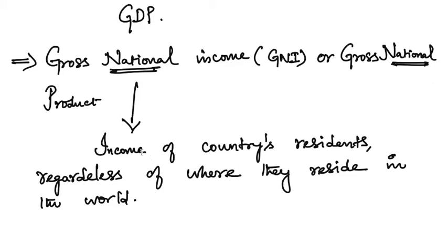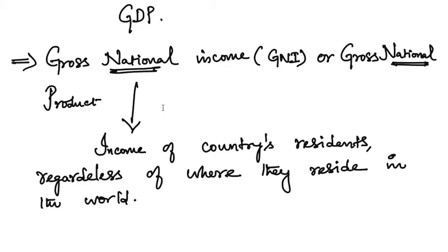For example, in our school, we have some Philippine teachers in the music department. They might be earning their salary here, but either their entire salary or part of their salary is sent to their home country. So such income is deducted from the country's GDP.